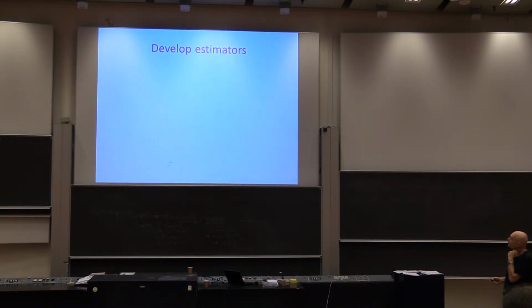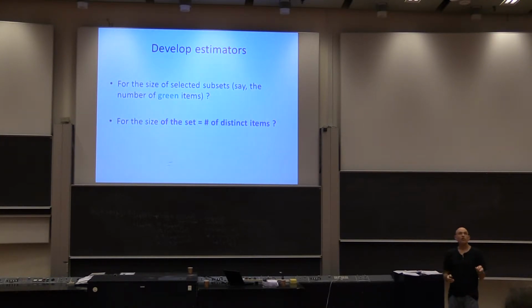And my focus would be on how to use the sample. I play with the sampling scheme a little bit, but the main focus would be how to use the sample to get an estimator. And the setting that I'm working in is that I don't really know what the query would be when I do the sampling. I want the sampling to be of general use. So later on, somebody would give me a predicate.